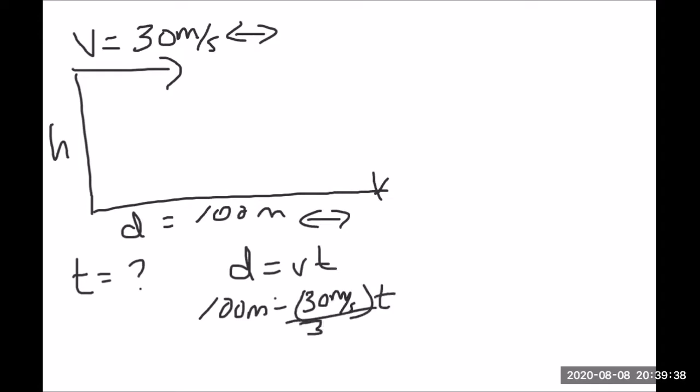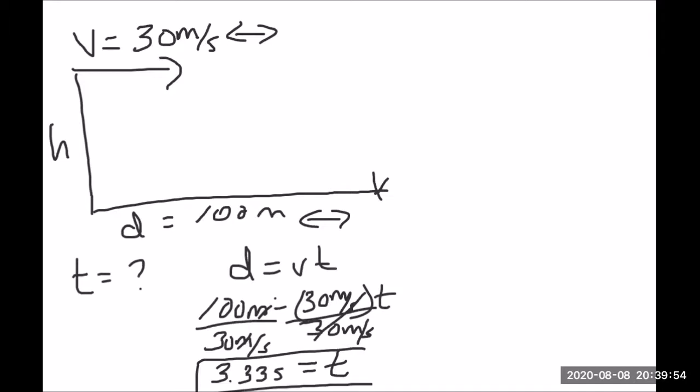Divide by whatever is in front of the letter. Our meters cross out, and our time is 3.33333333 seconds.